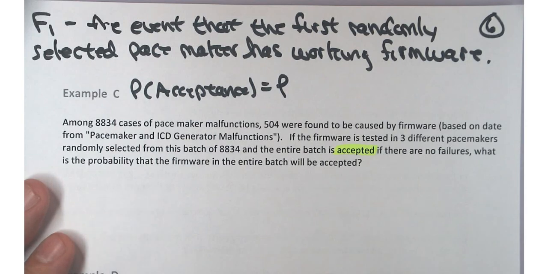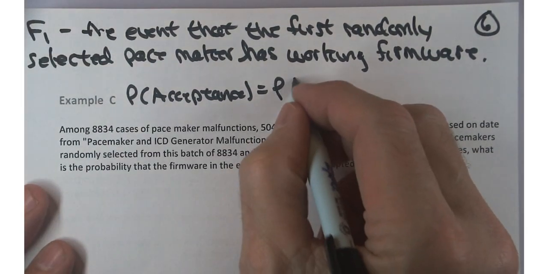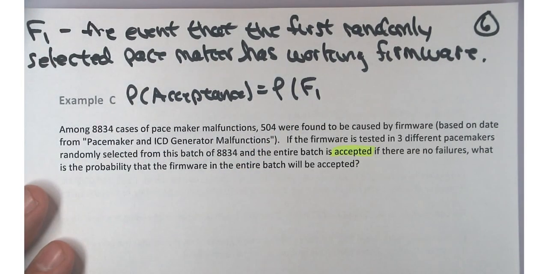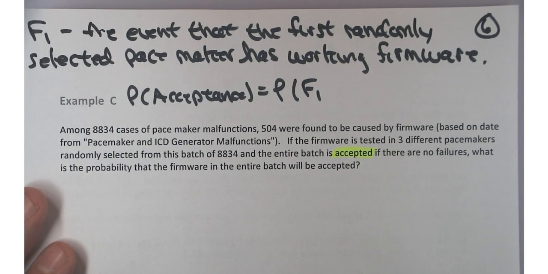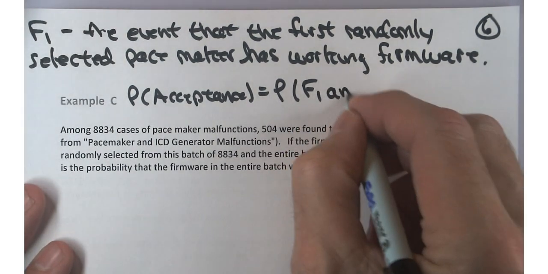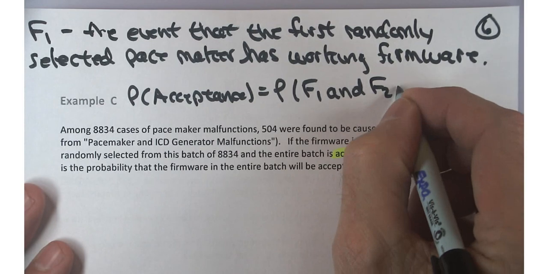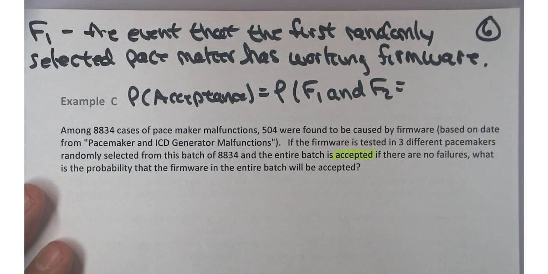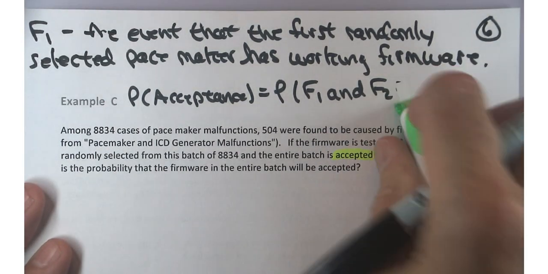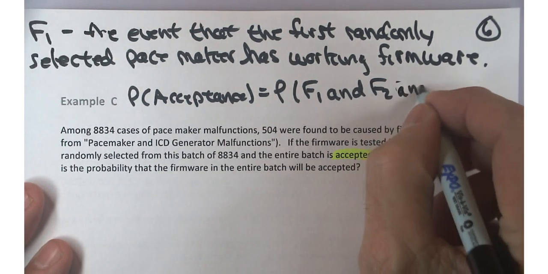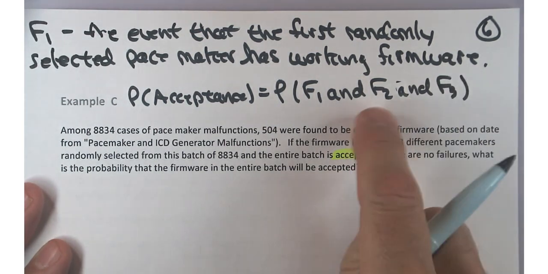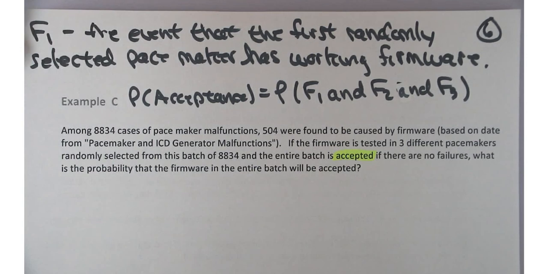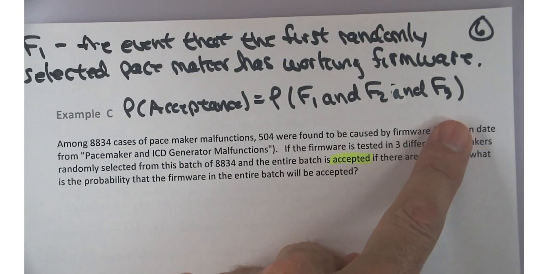It's the probability that the first one we take out works, and the second we take out works, and the third one. So F2 and F3 are pretty much the same thing as F1. It's just that it's the second and the third draw respectively.